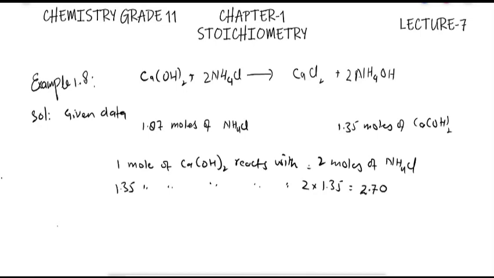and that is equal to 2.70 moles of ammonium chloride. So what we need is 2.70 moles of ammonium chloride, but what we have are 1.87 moles of ammonium chloride, which means that ammonium chloride is present in a lesser quantity than what is required for a complete reaction with 1.35 moles of calcium hydroxide, which means that ammonium chloride is the limiting reactant and calcium hydroxide is the excess reactant in this case.